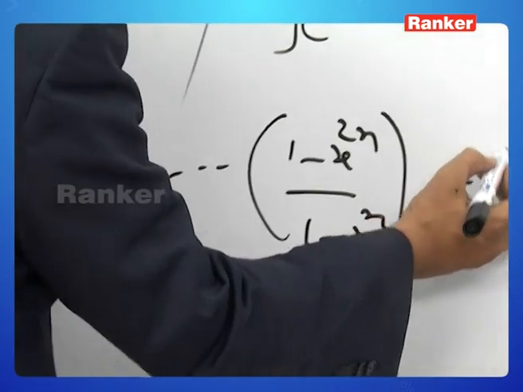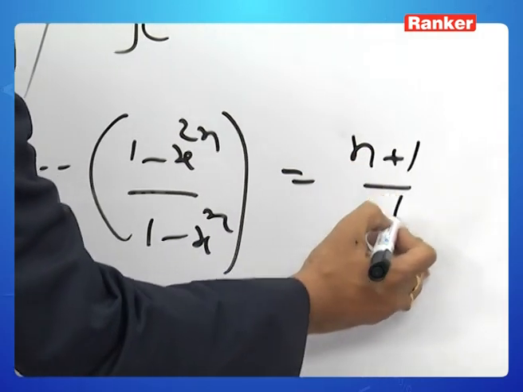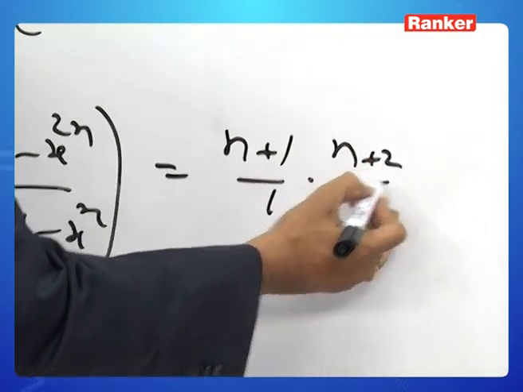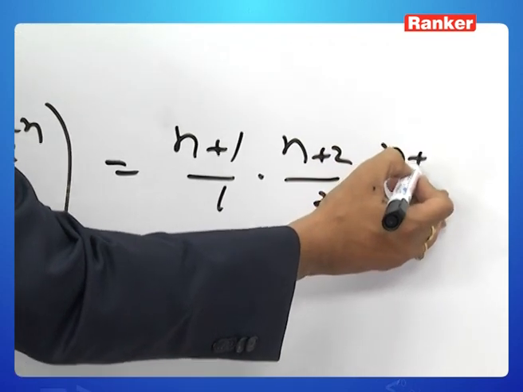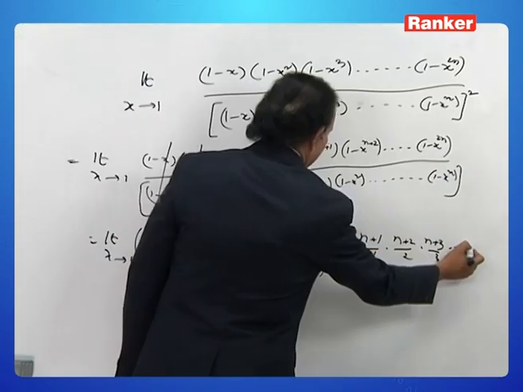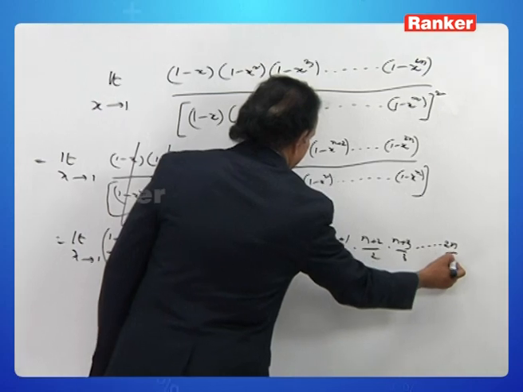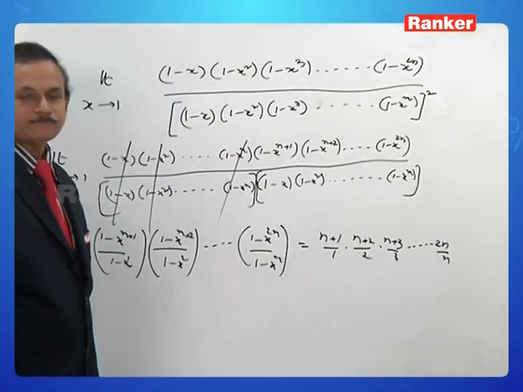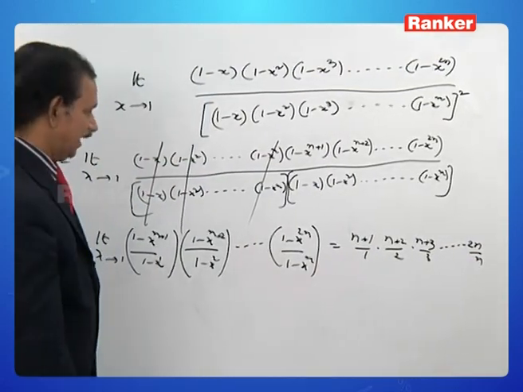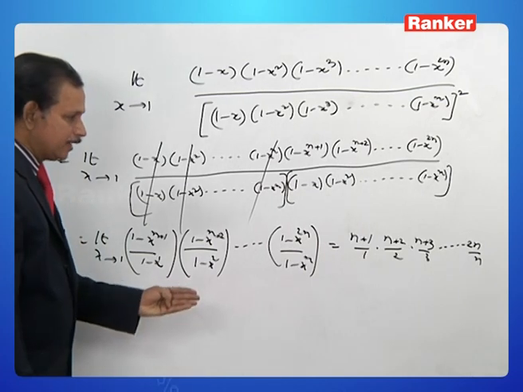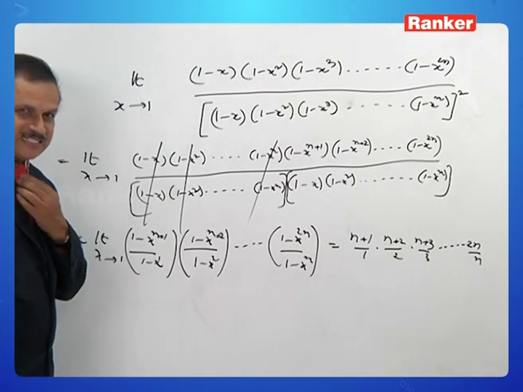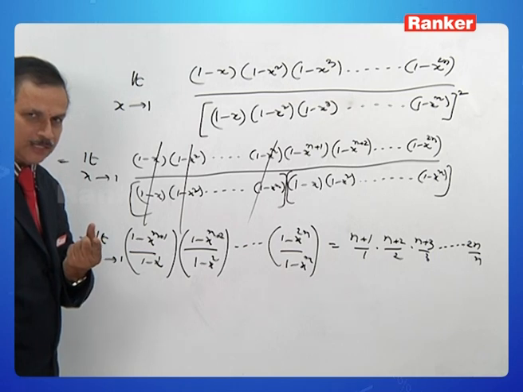This is equal to n plus 1 by 1, n plus 2 by 2, n plus 3 by 3, and so on, 2n by n. Well, the denominator is 1 into 2 into 3 into etc. n, nothing but n factorial.